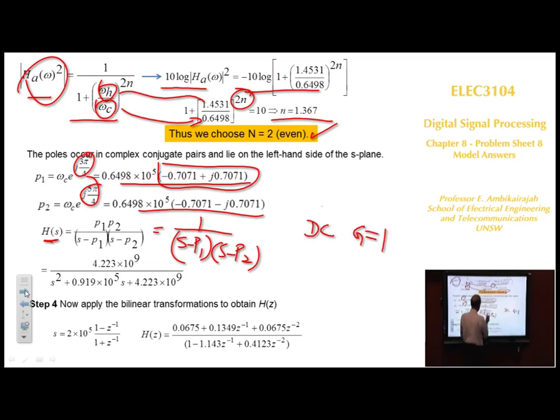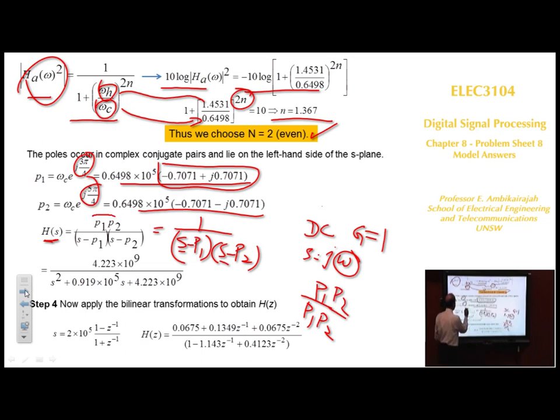So when s is equal to j omega, and omega equals 0, this is 0, you get p1 p2 underneath, 1 over p1 p2. So if you put p1 p2 on the top, then the gain will be 1. That's why we have p1 p2 on the top. Now you substitute the values for p1, p2, which you calculated, and you end up with a filter like that.